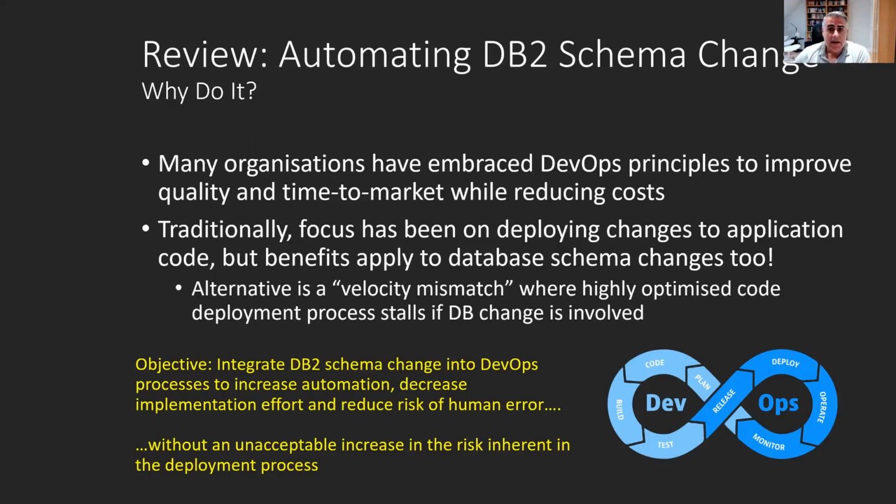DevOps isn't a new thing. It's been around for many, many years in one form or another. The early emphasis was very much on improving cycle times, reducing time to market, and making application development more efficient by automation and by putting a closer connection in place between the development and the operations side of the business, breaking down those traditional walls and getting developers much more involved in the operations side, closing the feedback loop and getting operations much more closely involved in the development side.